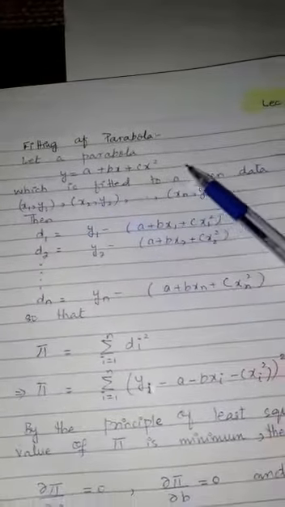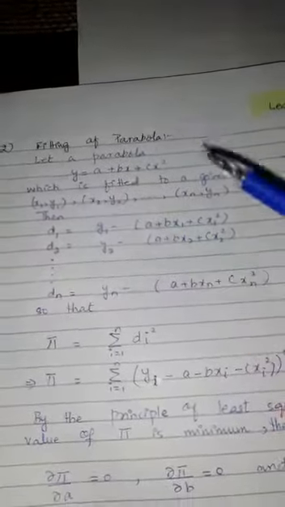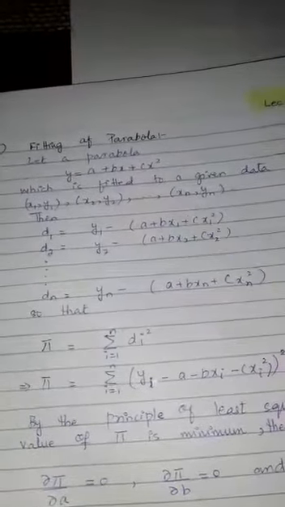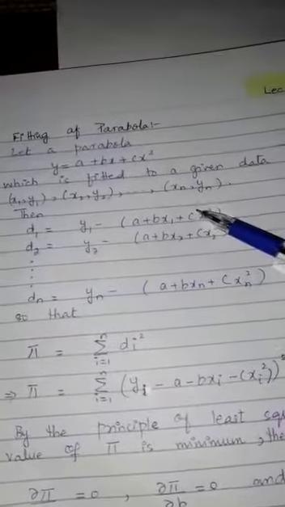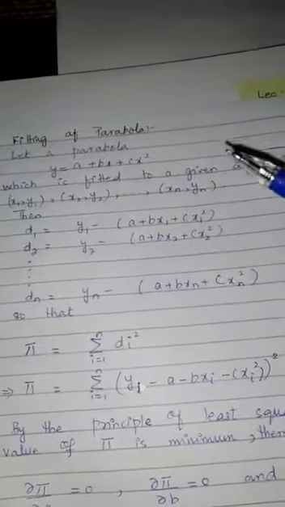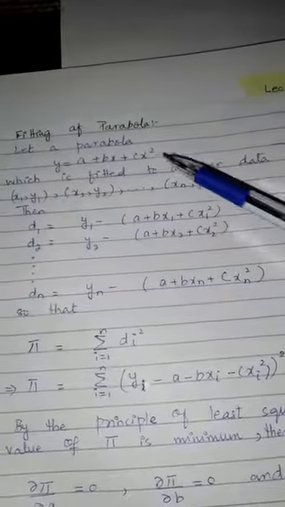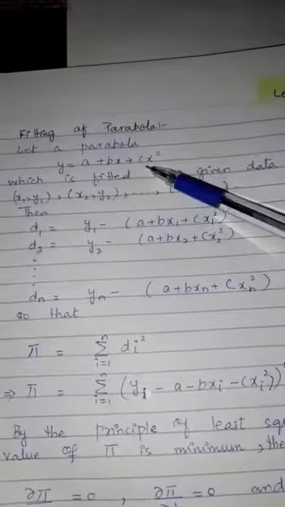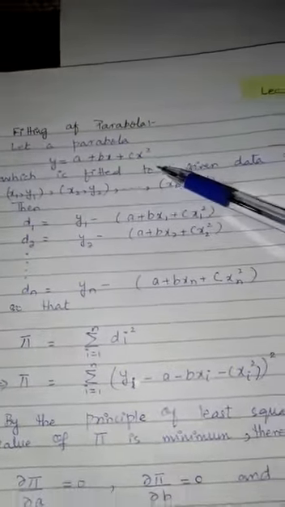I will put these values in the general equation, and then I can finally say that I have fit a set of data points to a parabola. I have given these raw data points a mathematical form in the form of a parabola.